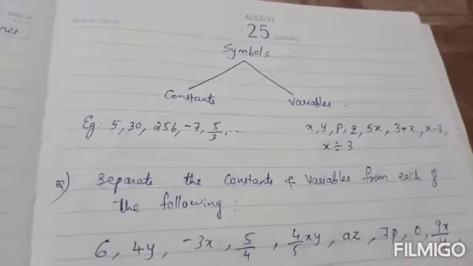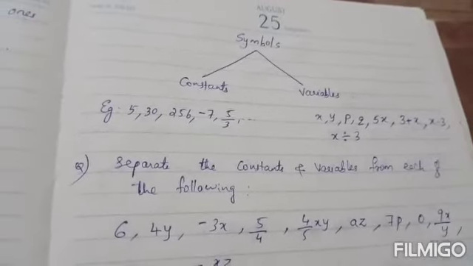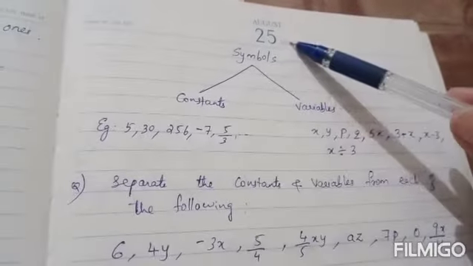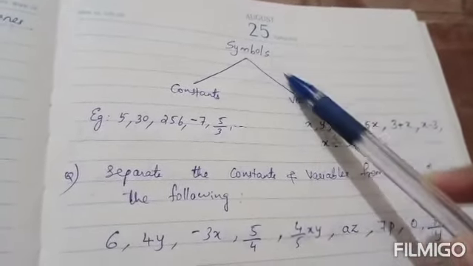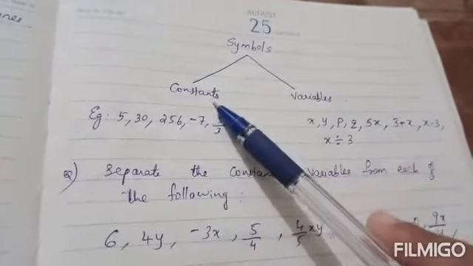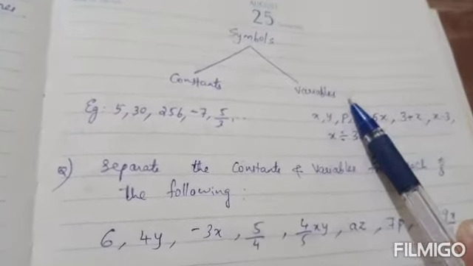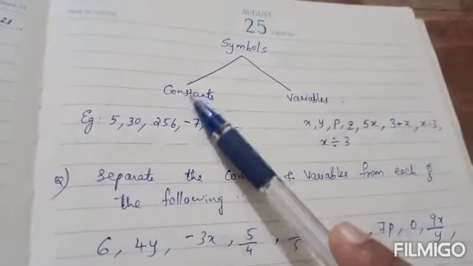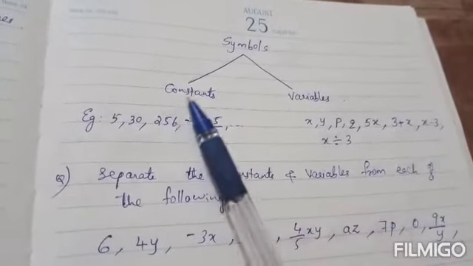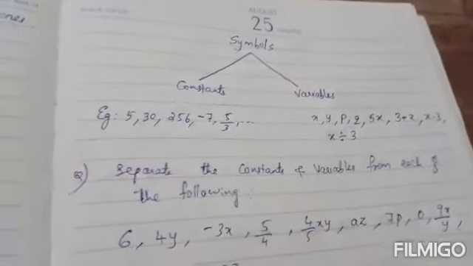Next topic, constants and variables. In algebra, the symbols are divided into two types. First it is constants and second type it is variables. Constants means a symbol with a fixed numerical value in all situations.